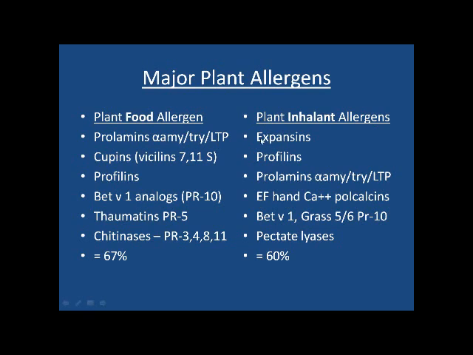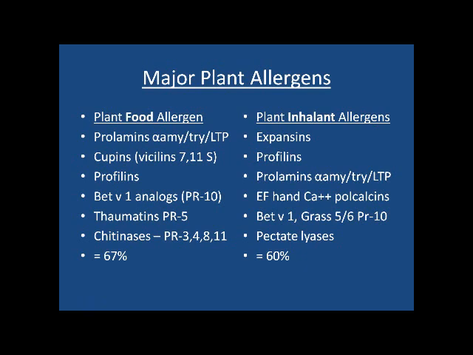Plant inhalant allergens include these expansins, which allow plants to grow and still maintain their cell walls. Of course, the profilins are also plant inhalant allergens. The prolamins, the alpha amylase trypsin inhibitors, and lipid transfer proteins are also there.